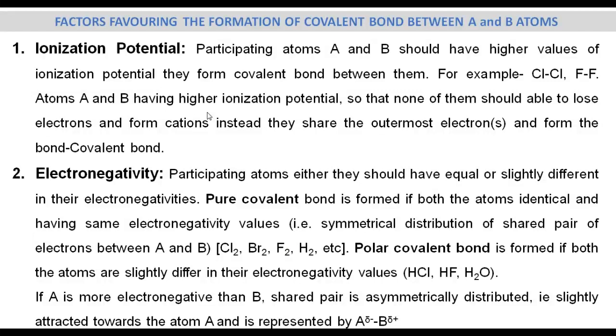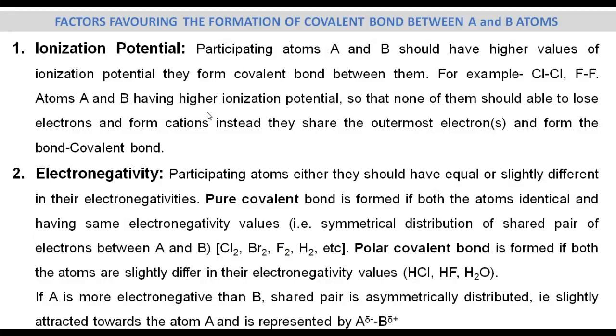If they have equal or the same electronegativity values, or are the same atoms, a non-polar covalent bond or pure covalent bond is formed, where there is a symmetrical distribution of the shared pair of electrons. For example, Cl2, chlorine molecule, bromine molecule, fluorine molecule, hydrogen molecule, etc.